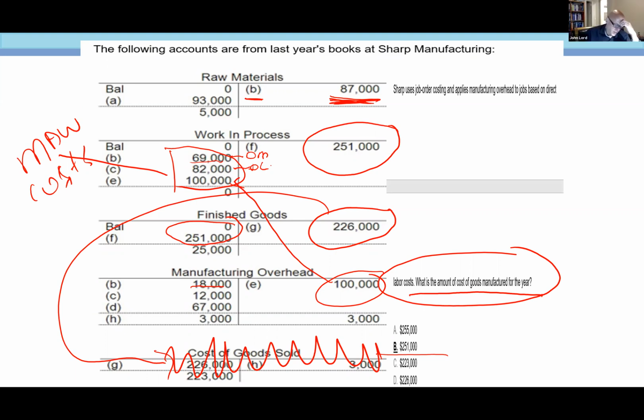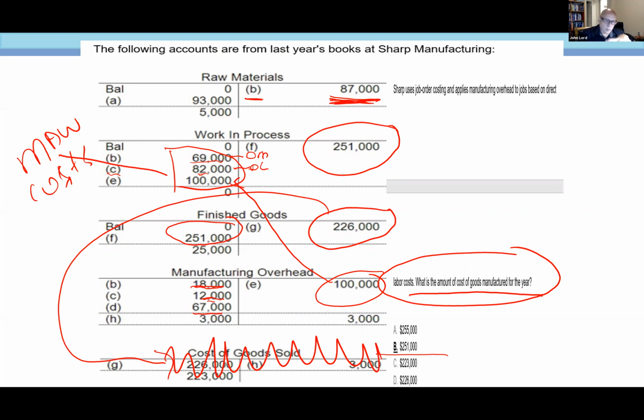So for my manufacturing overhead, the 18, the 12, I can't tell you for sure. The only way I can tell you that this is indirect labor is by matching it by these letters, C, because they don't give me salaries payable. And then this would be the others, depreciation, also not pictured here.